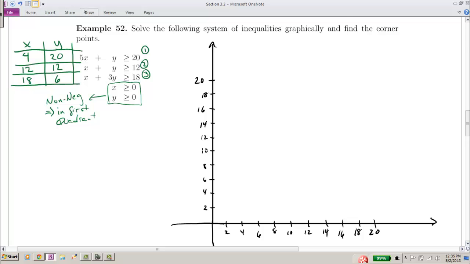For the first equation, if we were to graph 5x plus y equals 20, we're going to plot our intercepts. The x-intercept is 4, the y-intercept is 20.